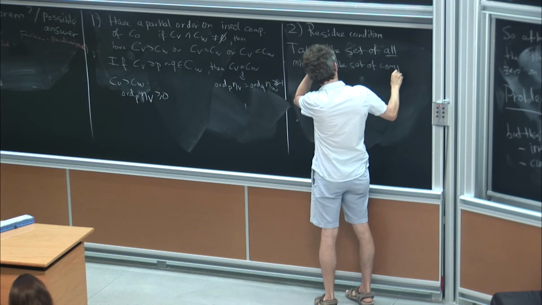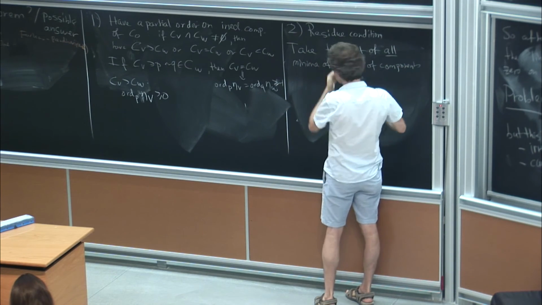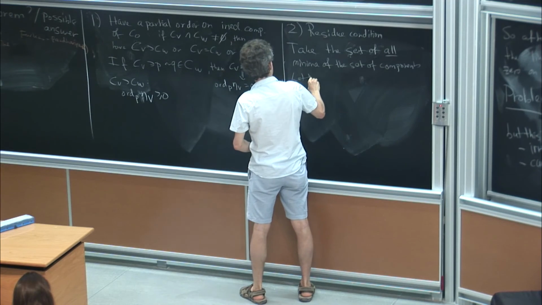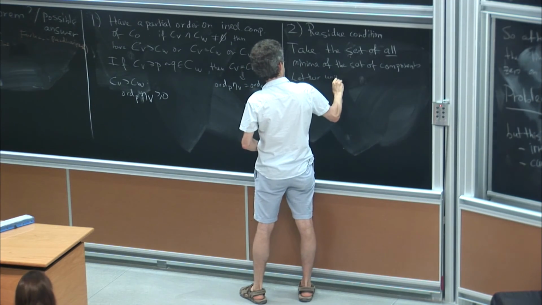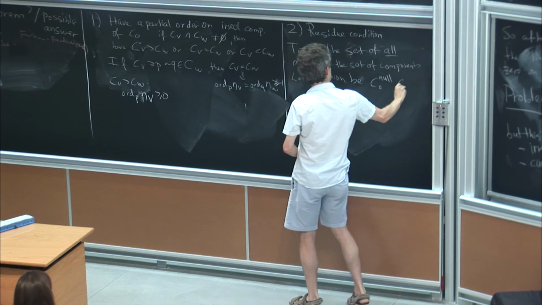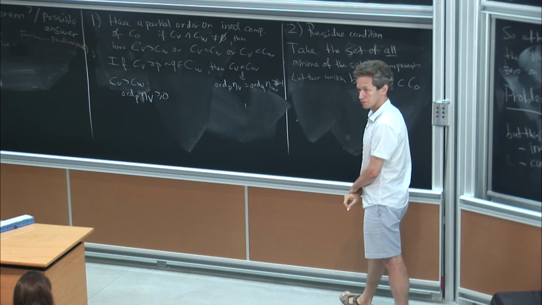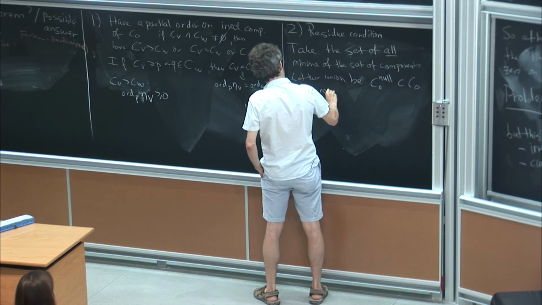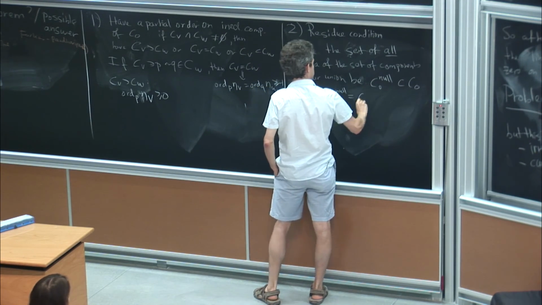This is a partial order. It doesn't have a unique minimum, but it might have a bunch. Let their union be C_null, the null part. Let C_non-null be the rest.